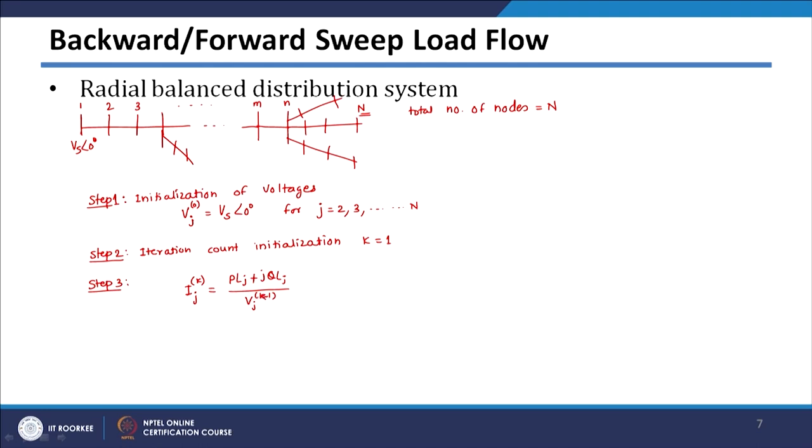So, that is calculated at the k minus 1 iteration, the earlier iteration. When you are calculating for k equal to 1, the first iteration, you have to use the voltages at k equal to 0, that is Vj 0, which we already initialized, and then you have to take the complex conjugate of it. We have to do this for all the j's ranging from 2, 3 up to n. So, load currents at each bus will be calculated by this equation, which is basically step 3. So, step 3 is load current calculation.